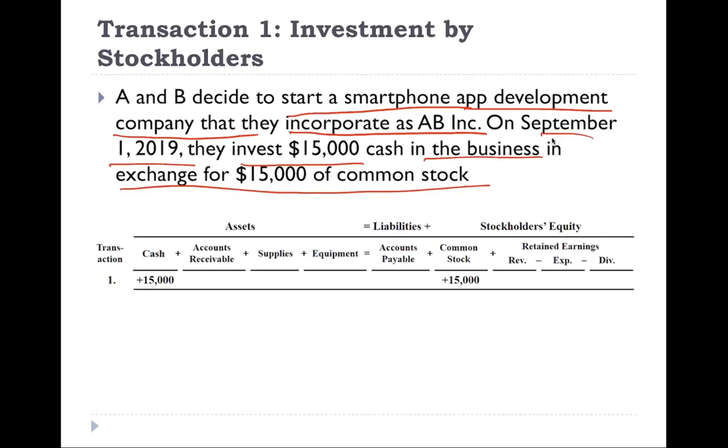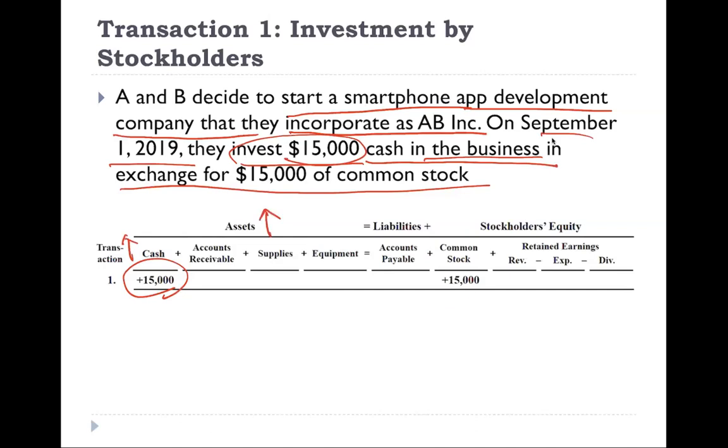So how does this event affect AB Inc.'s accounting equation? First of all, they invested 15,000 in cash. From AB Inc.'s perspective, AB Inc. has 15,000 more cash. Cash increased by 15,000, and because cash is an asset, assets increase.